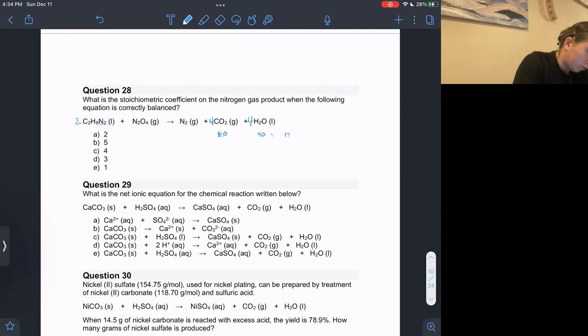So that's a total of 12 oxygens. And so I can put a 3 here. Okay. That looks good. And then nitrogen is 4.